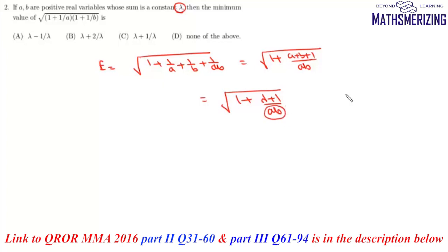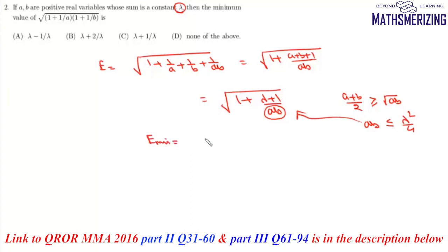Now we know that the arithmetic mean is always greater than or equal to the geometric mean. So we can write (a+b)/2 is always greater than or equal to the square root of ab. So from here we can write ab is always less than or equal to lambda square by 4. Now we'll put the maximum value of ab here, and we'll get the minimum value of this expression.